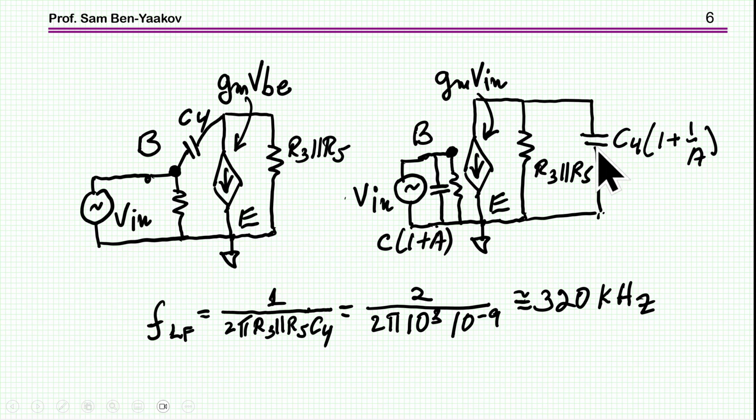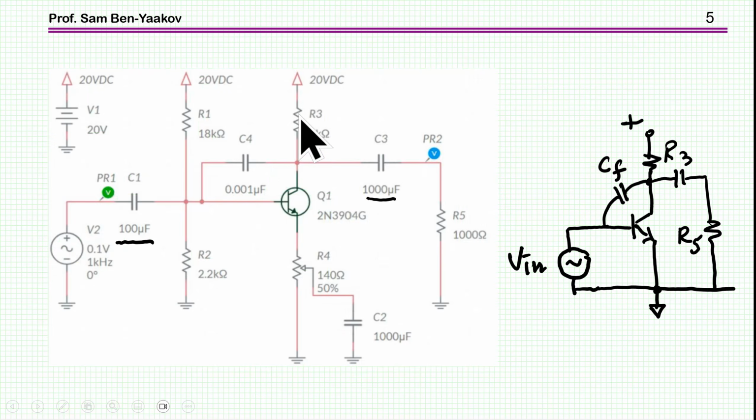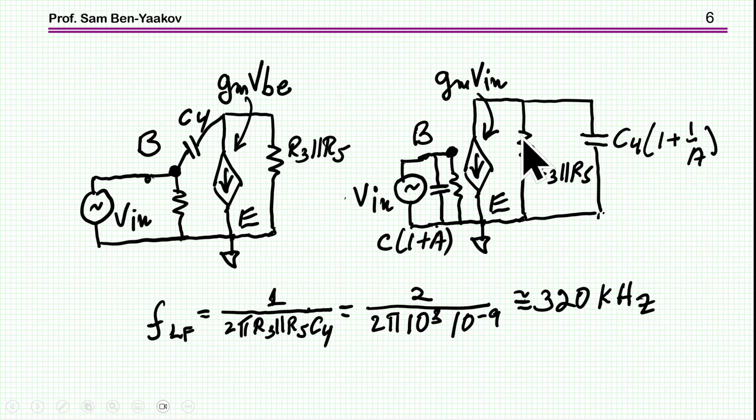But at the output, we see the capacitor. If the gain is high, we see the capacitor at its actual value. Now, the resistance is the two resistors here in parallel. So if I calculate the high frequency breakpoint, I find that this is 320 kilohertz.